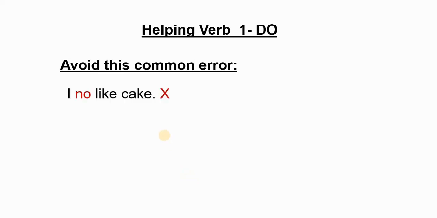Avoid this common error of using no or not as the helping verb. For example, I no like cake. This is incorrect. As I've said, you have to avoid this common error because this is totally wrong when you say I no like cake. I not like cake.